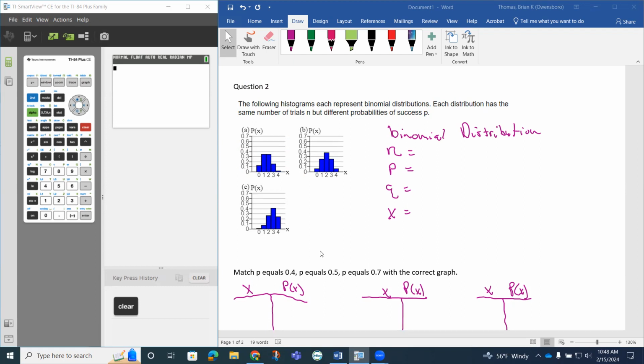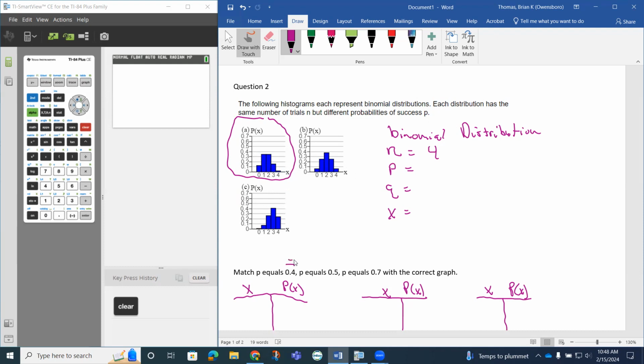In this problem, let's look, for instance, at A here. Let's look at this histogram. Notice that we have 4 bars in the histogram, which basically means 0, 1, 2, 3, 4. Our number of trials would be 4. What we don't know necessarily is the probabilities.